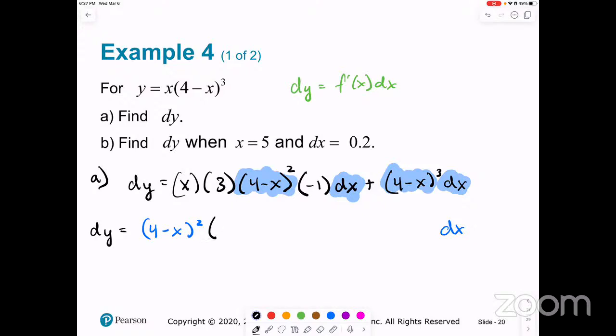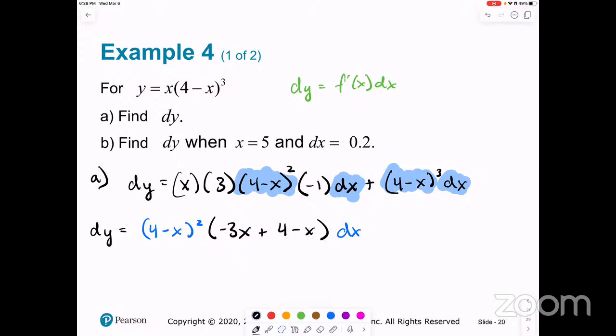In the second term, it looks like we still have an additional 4 minus x, right? So we can say plus 4 minus x. And then now we put the dx on the end, right? So I factored out my dx, I factored out my (4 minus x) squared, and then I grouped whatever was left over. And then just one more step to combine like terms.